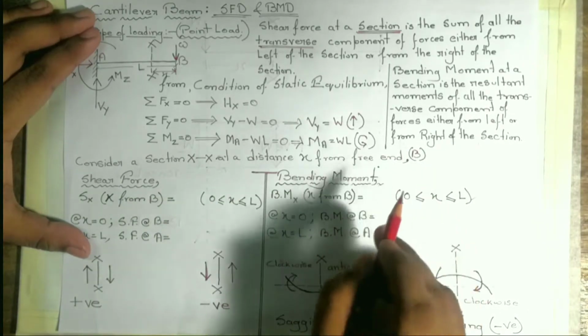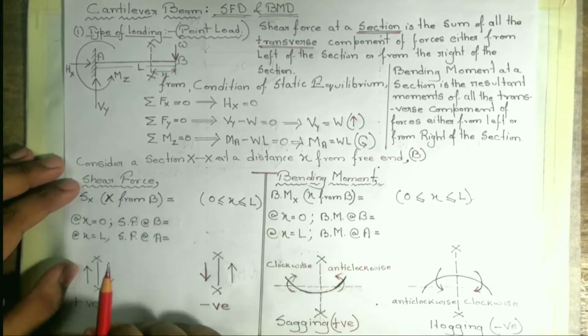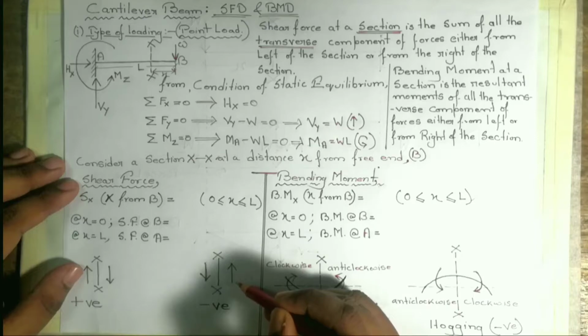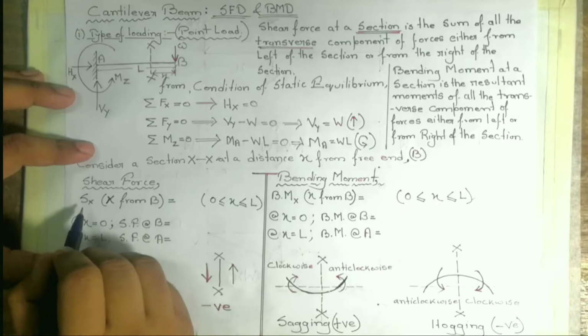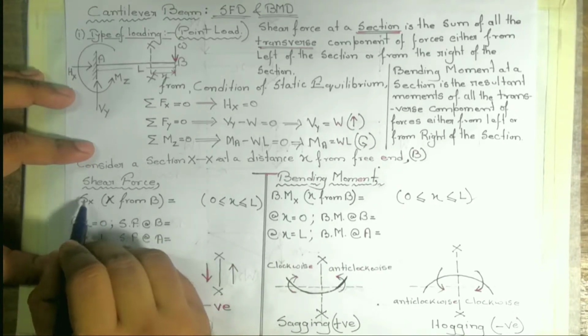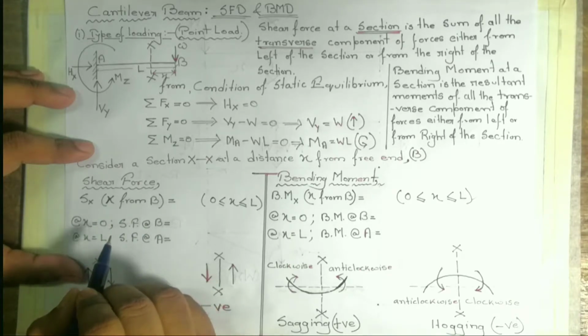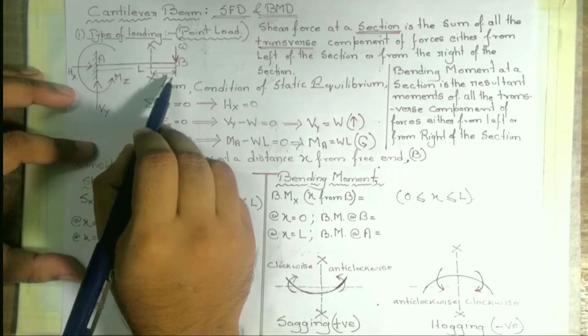As I have written here, consider a section XX at a distance X from the free end, which is the end B. Now for shear force calculation, we know that when a force is acting at the right side of the section, it will be positive if the direction of the loading is downward, and negative if the direction of the loading is upward. So in this case, Sx, the shear force at section X at a distance x from B, will be the summation of all the forces at the right of the section.